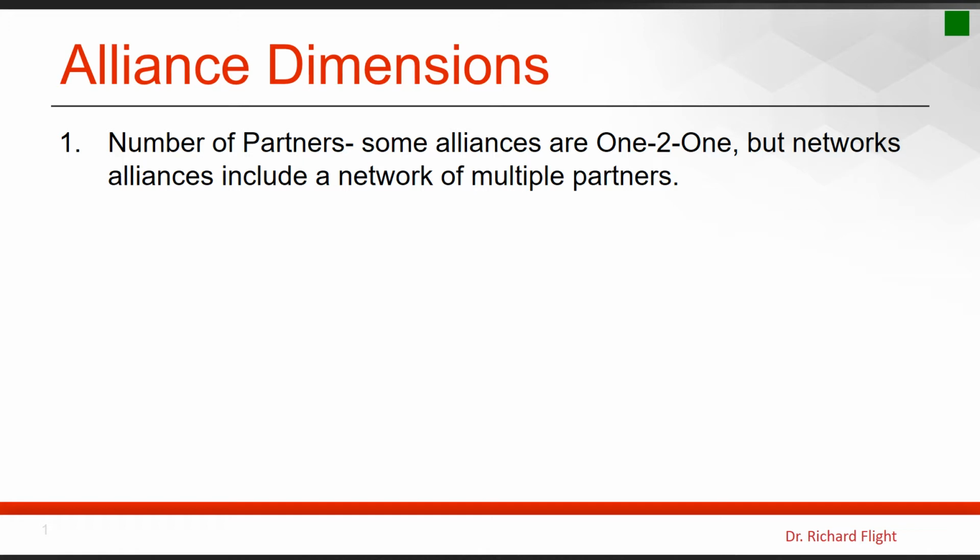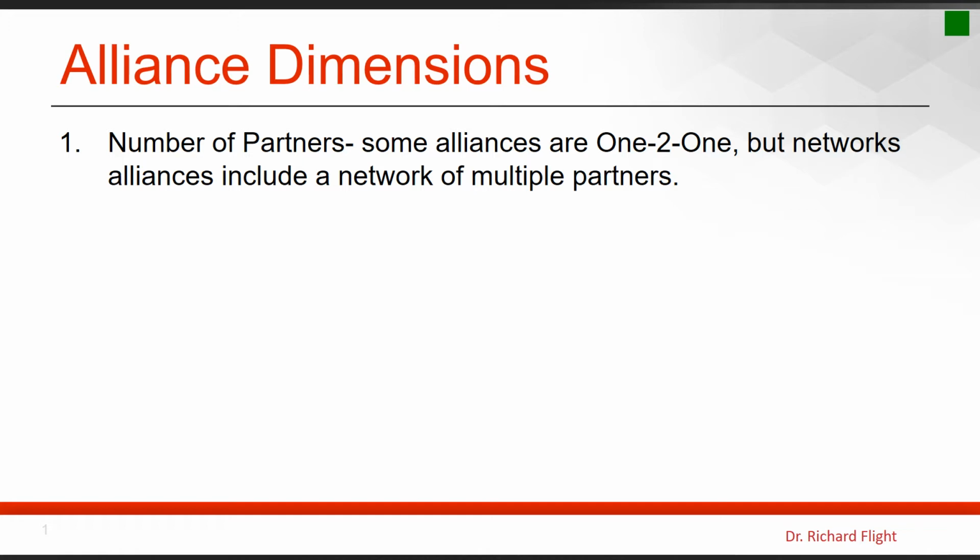So one would be the number of partners, number of partnerships. Some alliances are one-to-one, but then other alliances that you form with a for-profit organization may include multiple partners or multiple networks, if you will. So it might be that we deal with a primary organization, a for-profit organization, but then they have partners of their own that we also begin to partner with as well.